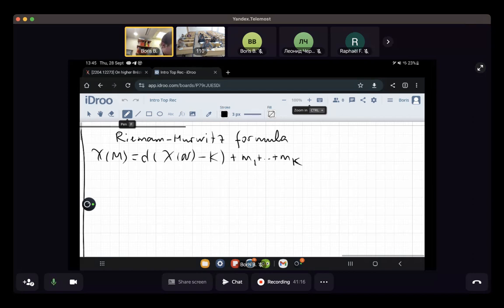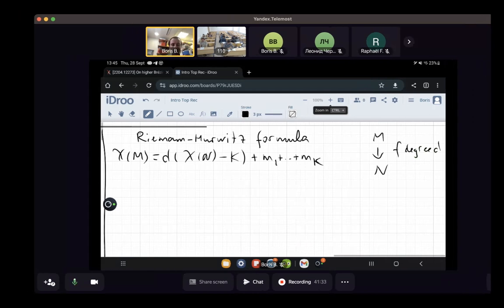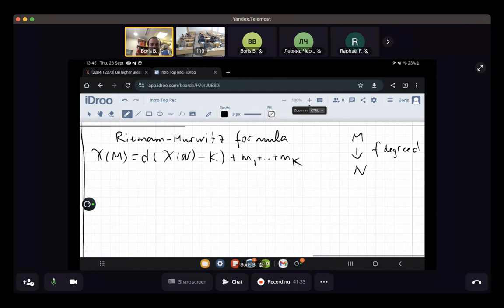Okay, so here we have ramified coverings of M over N, of degree d, and m1, etc., mk.